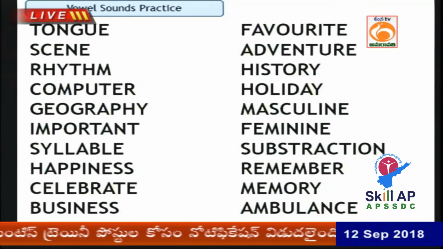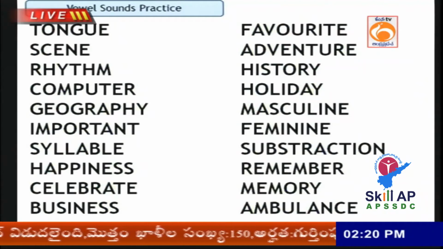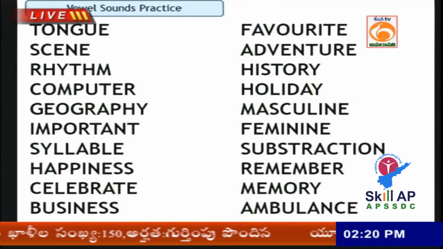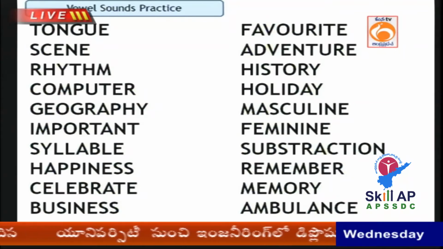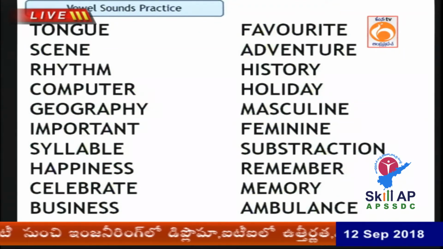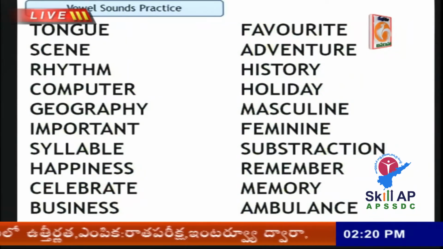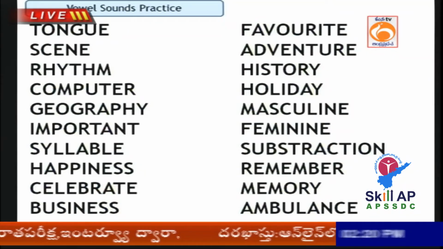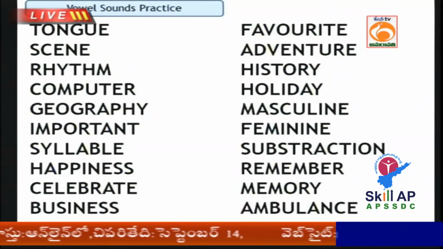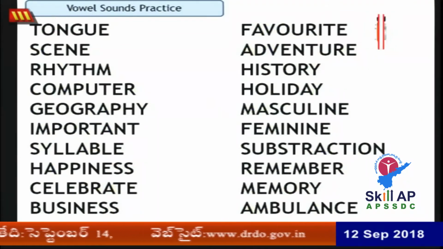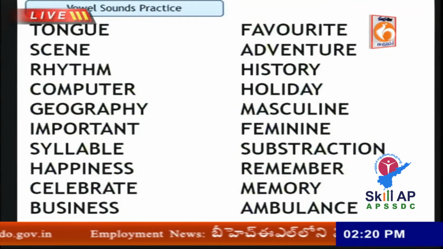Now I'm going to have a quick exercise again. After this quick reading exercise, I will also help you perfect your pronunciation. I will pick some common words, some from this list itself, and then we'll have a quick pronunciation practice. I will pick words where you usually make a lot of mistakes. I come across a lot of people both from corporate backgrounds as well as classrooms and campuses.